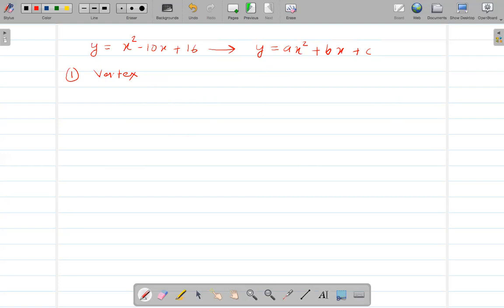First h is negative b over 2a, and k is the value of the function there. Let's just say f of x.